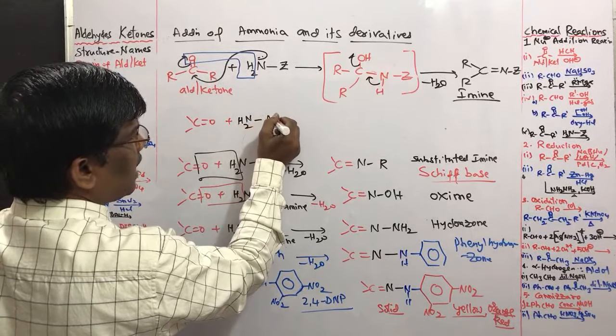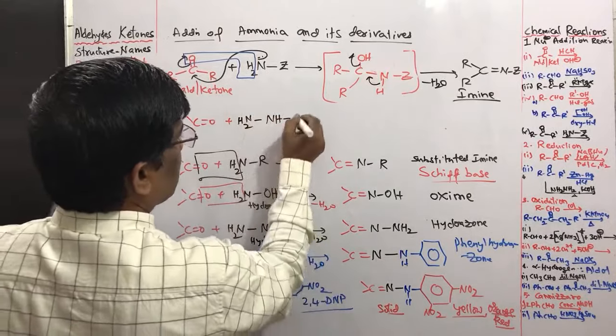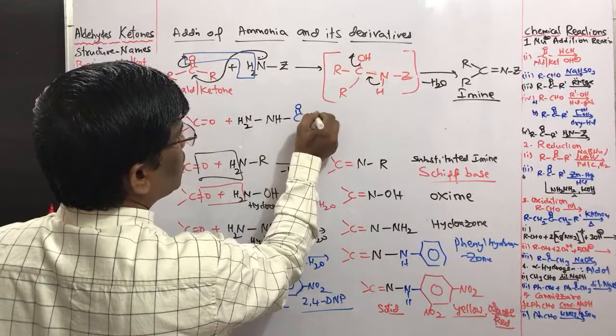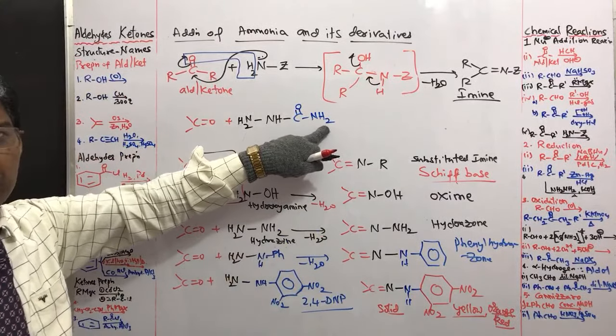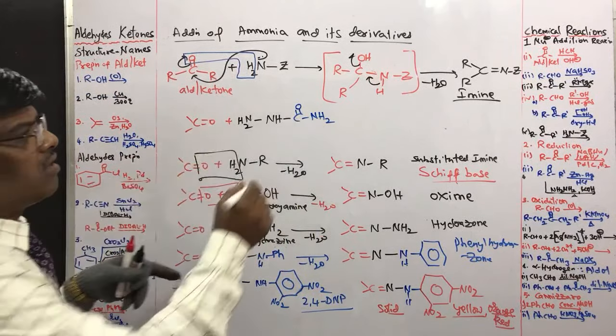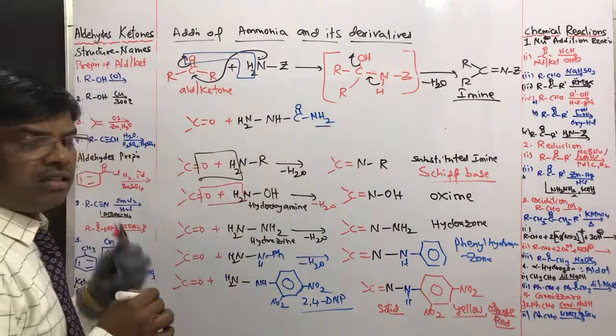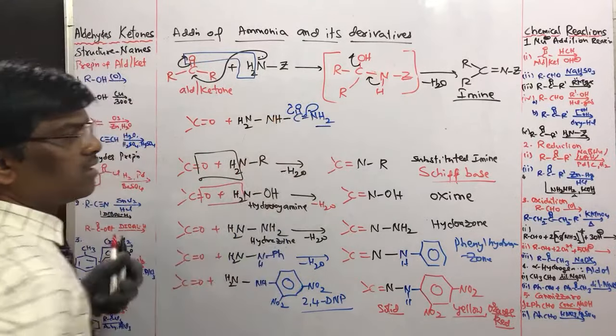So this is NH and this is CONH2. This is urea, the nitrogen which is directly attached to this urea carbonyl is not going to react because it is resonance stabilized.